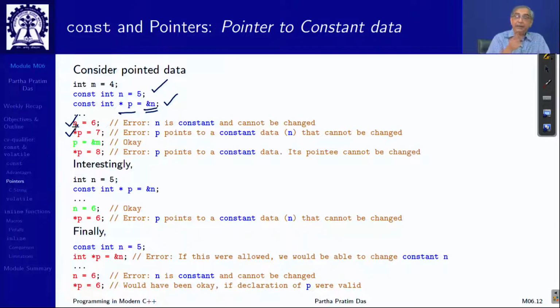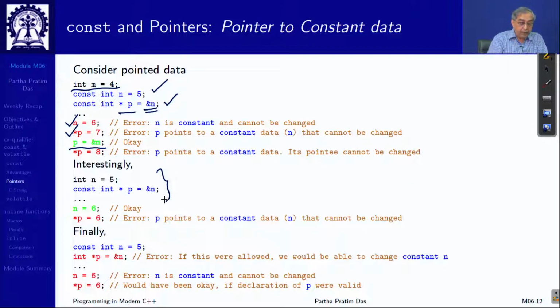So, the fact that you will use p to change n is not possible, right. You get this safe, whereas p can point to some other m which is not a constant, and you can change m accordingly. Right. So, we can have this kind of situations as well.